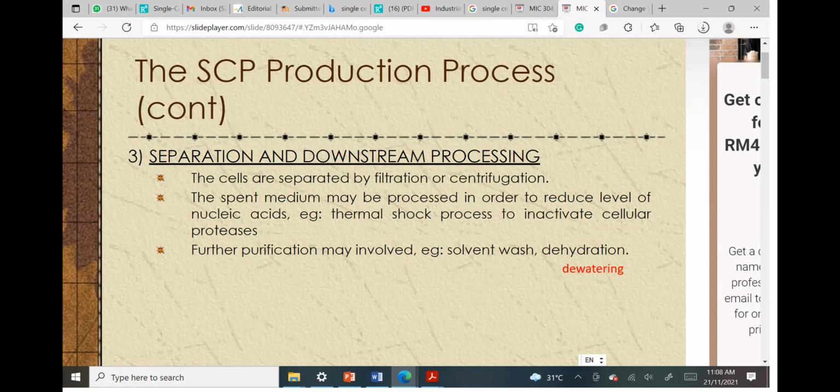Often further purification involves solvent wash and dehydration or dewatering until we get the dry biomass as an SCP.